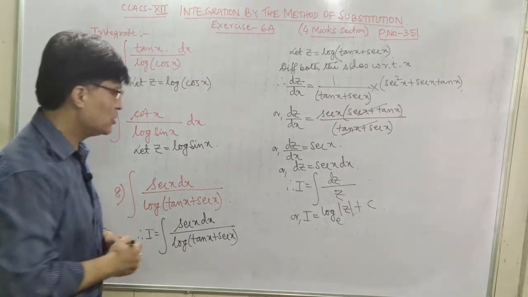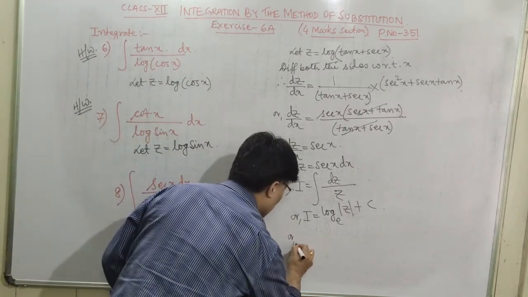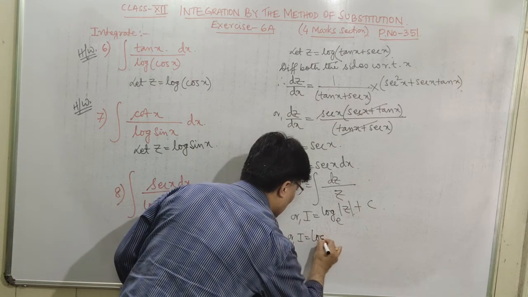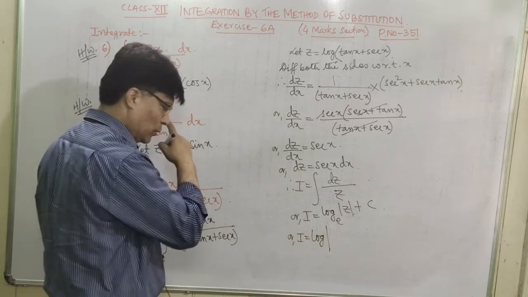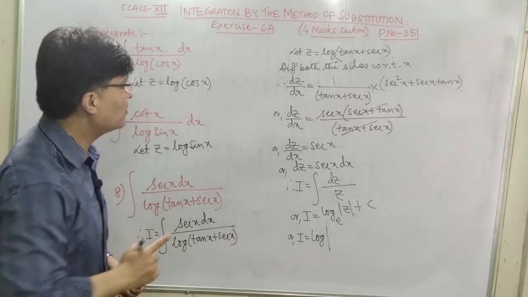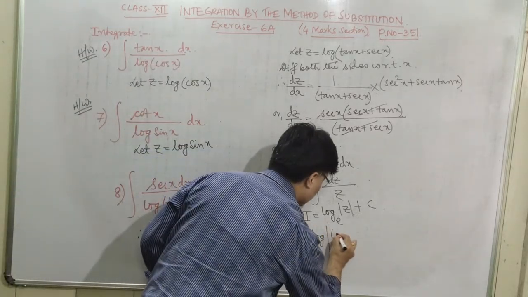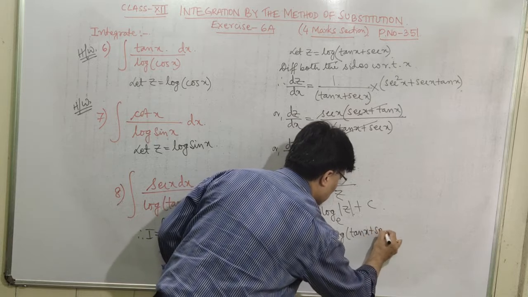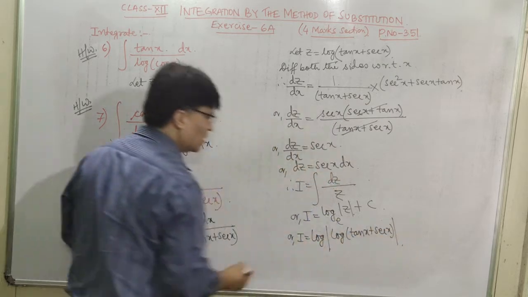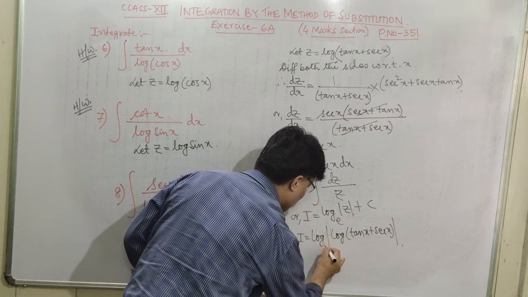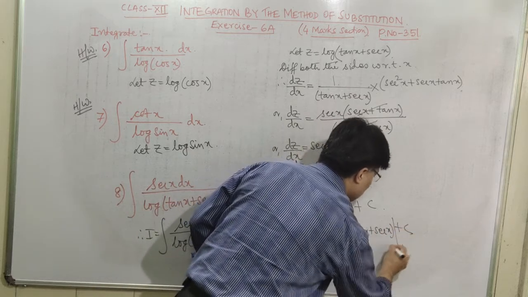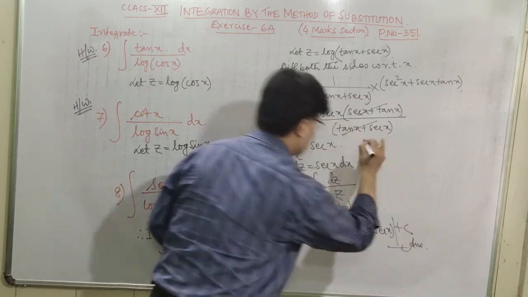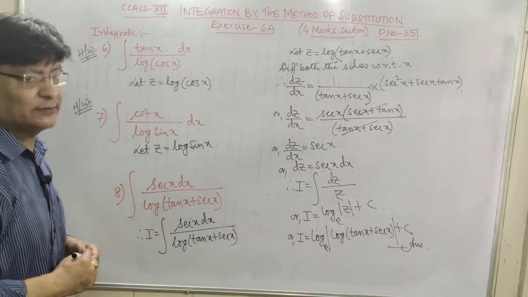Now you can put the value for z. I is equal to log within mod of, what is the value for z? It is log of tan x plus sec x, mod sign closed, and here the base is e, plus c. So this is the final answer.